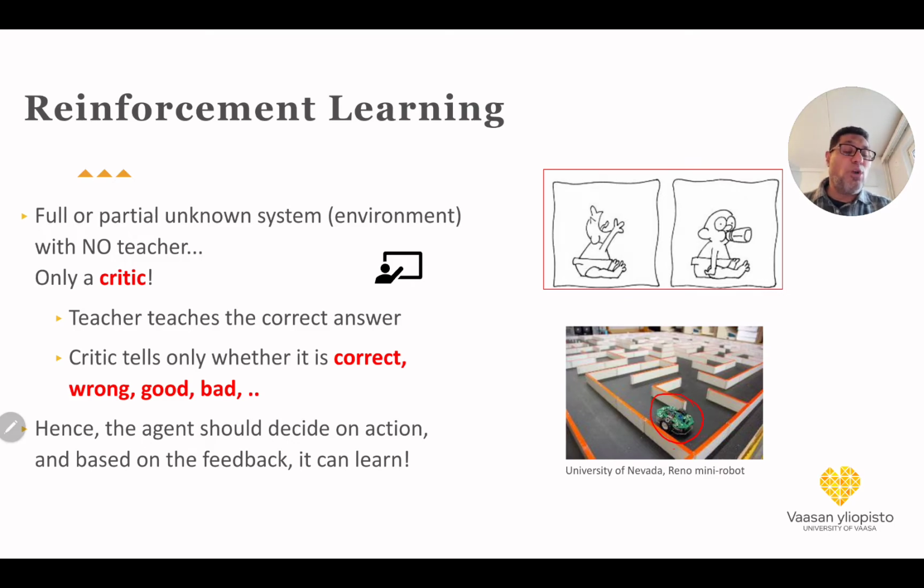All we told it is that this robot will get a positive point if it gets out of this maze. It will get a reward if it gets out, and it will get, for example, a punishment if it didn't get out of this maze within a certain time. Let's say it is T.